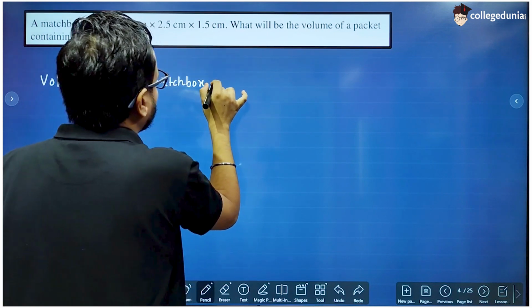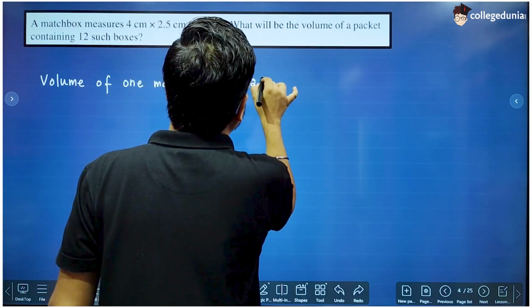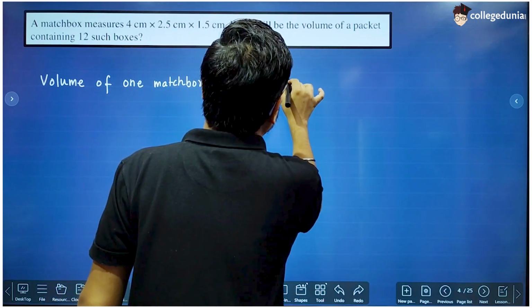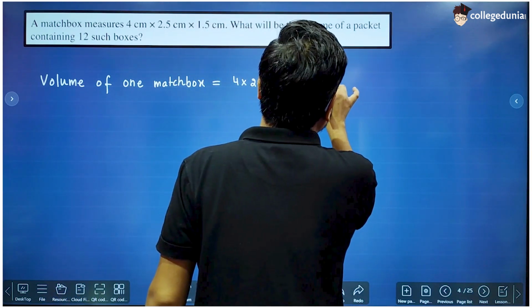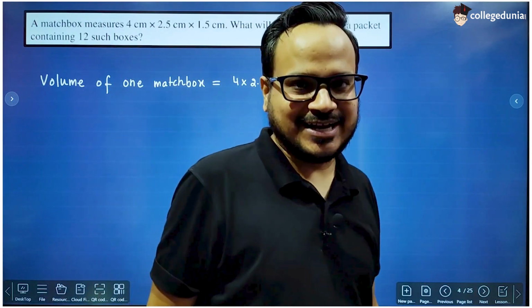Volume of one matchbox is 4 by 4 into 2.5 into 1.5, and all these sides are in centimeter. So volume is going to come in centimeter cube.